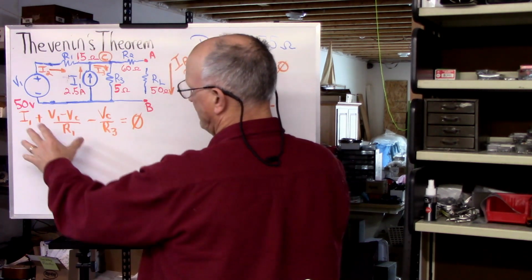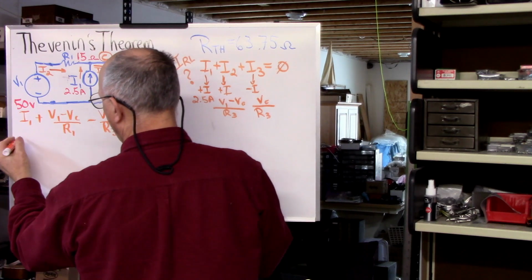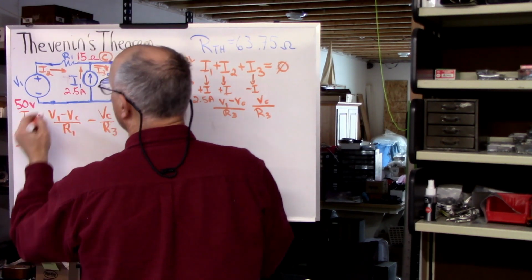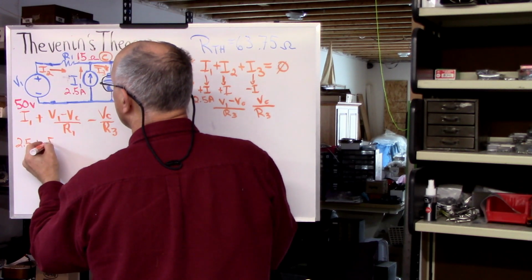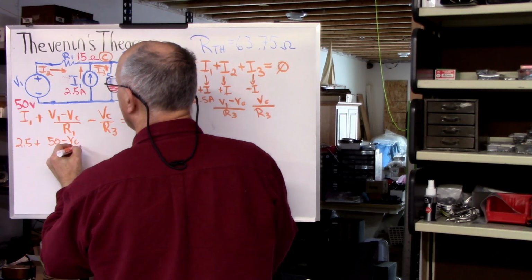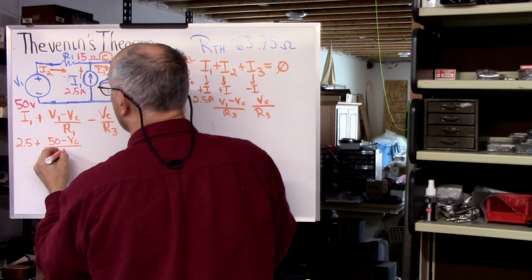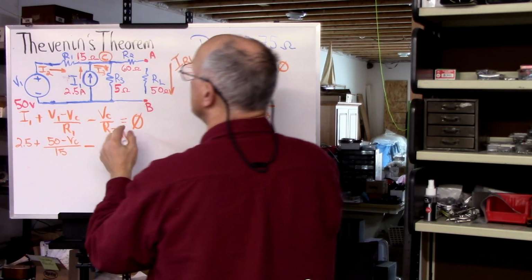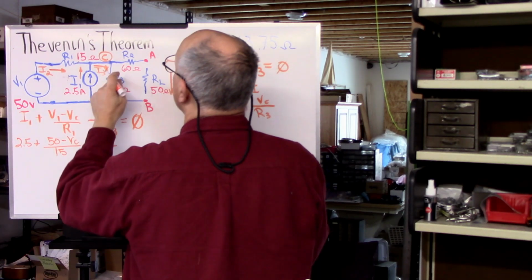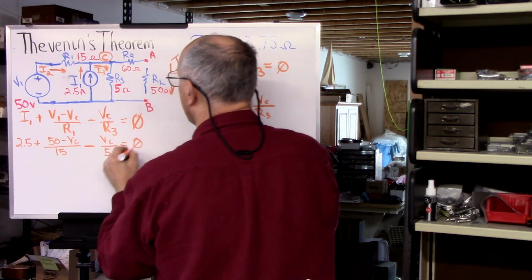So I1 is 2.5, V1 is 50, we don't know VC, R1 is 15, minus VC, which we don't know yet, divided by R3, which is 5, equals 0.